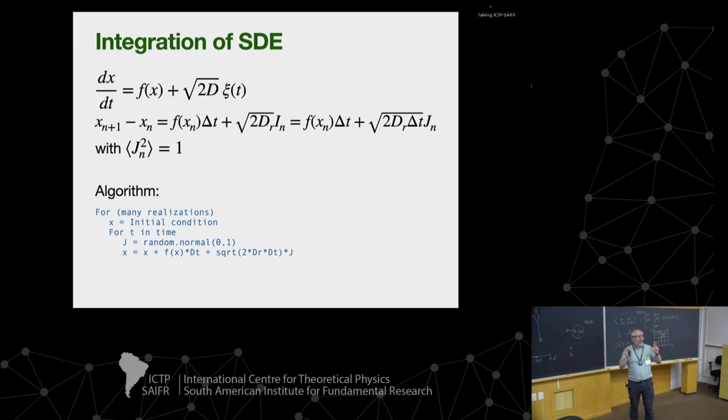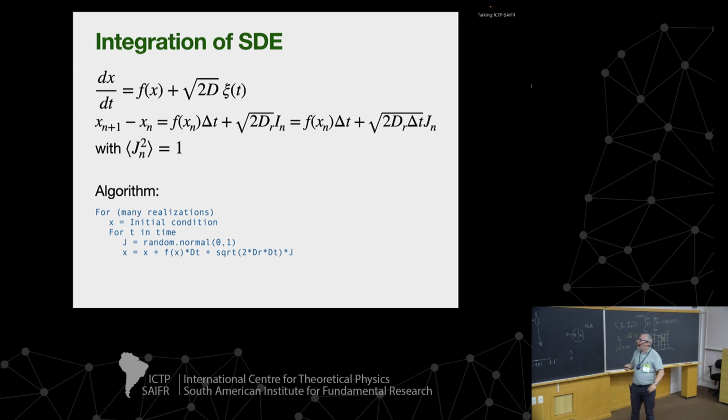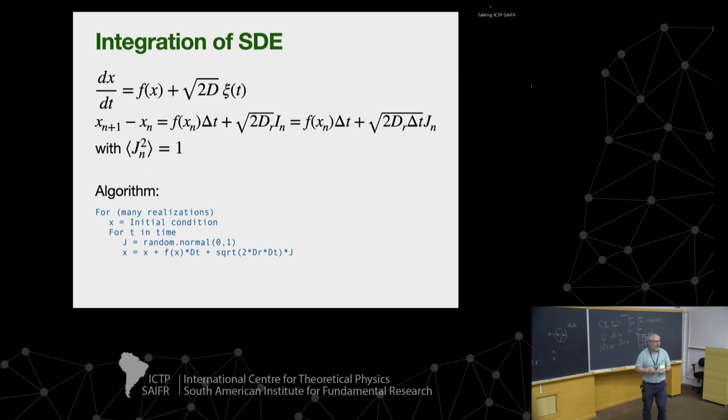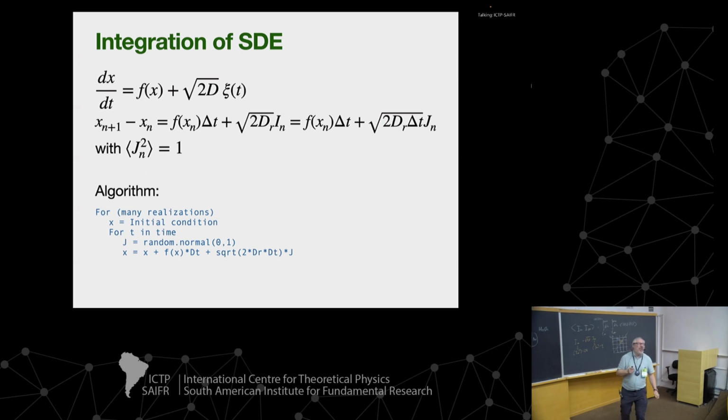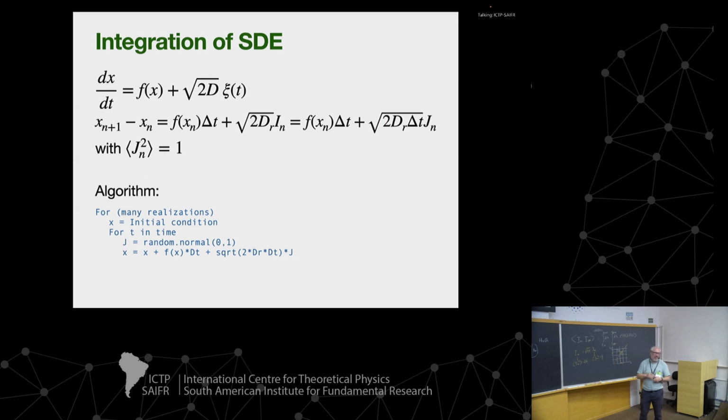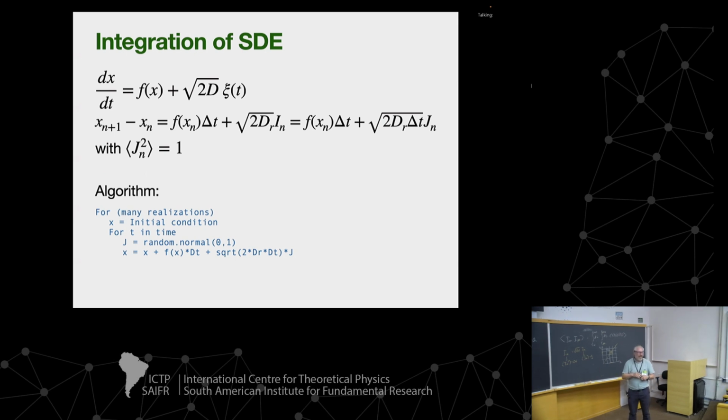And of course, you can do better. You can go to higher orders, but it's not so easy, but you can do it. Is it really worth going to higher orders? No, not really. Normally, you just stick to Euler's scheme. In deterministic systems, it's worth going to higher orders. In stochastic systems, it's not worth.